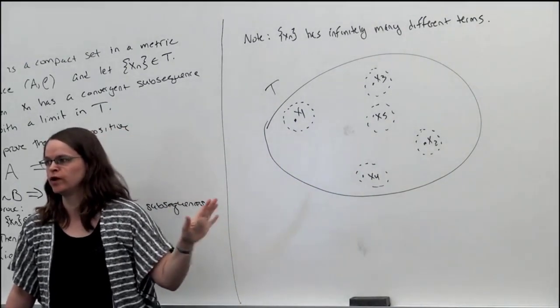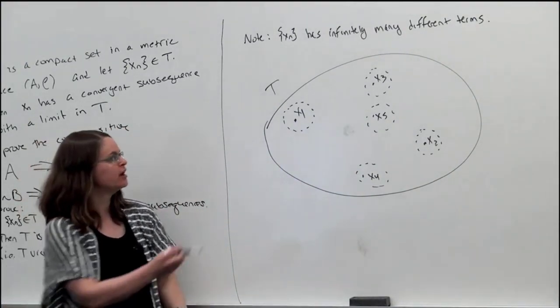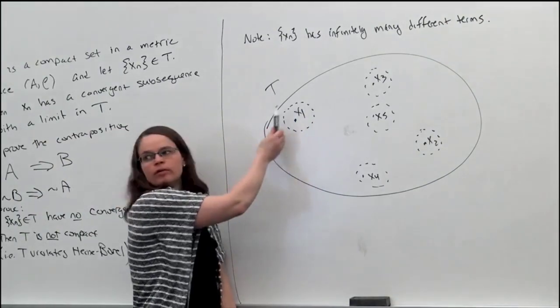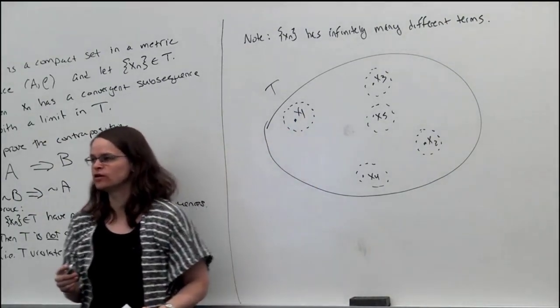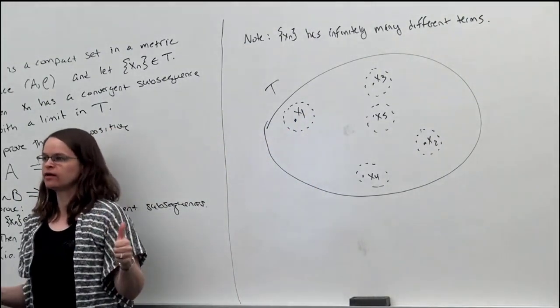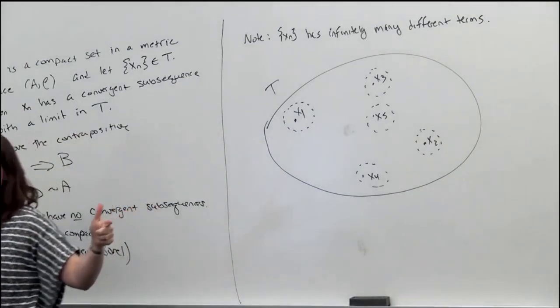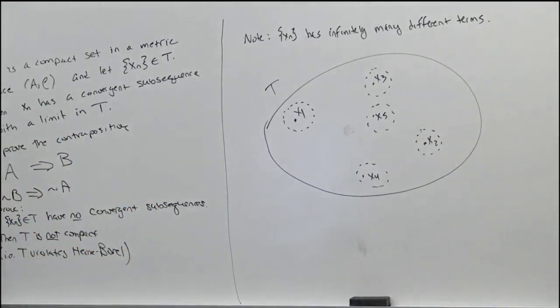This is the picture of what I want to do here. I want to first show that, yes, I can draw these little balls around here that don't contain anything else in them. And then secondly, I use them to build an open cover that is just inherently infinite, and there's nothing I can do about this.